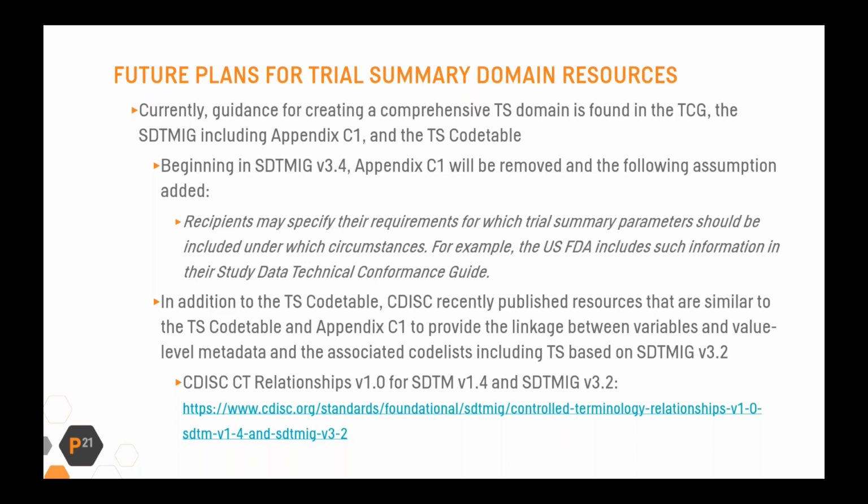So CDISC has said they no longer want to maintain those trial summary parameters because they're really a regulatory requirement. So the US FDA has their Appendix B for clinical trials parameters, and so the technical conformance guide should be referred to instead.